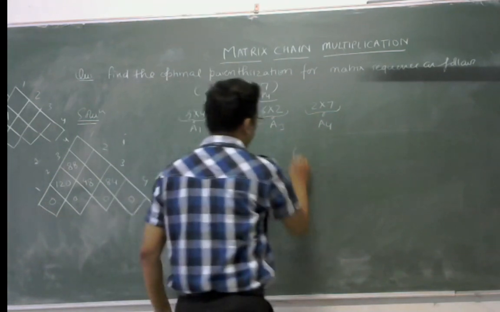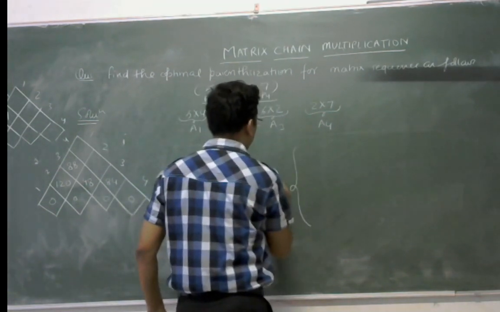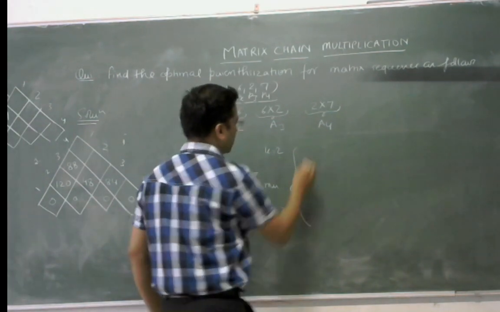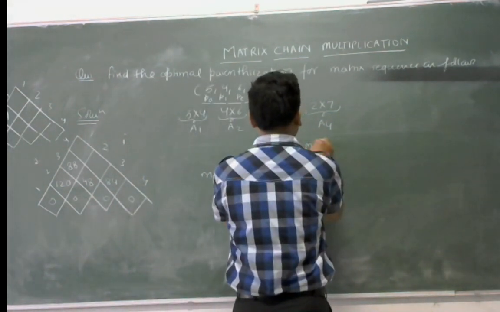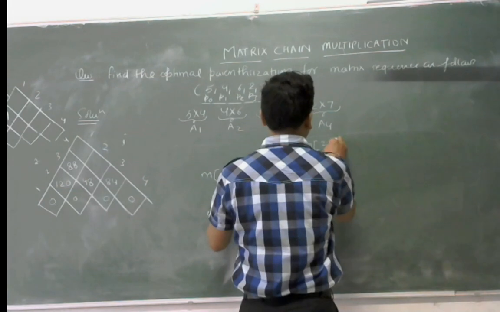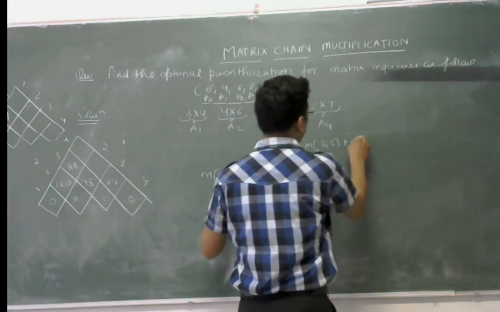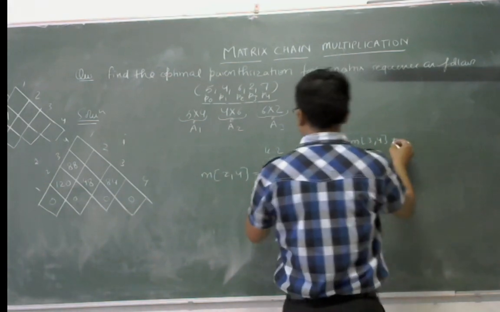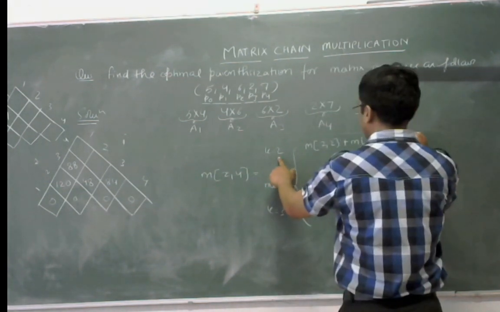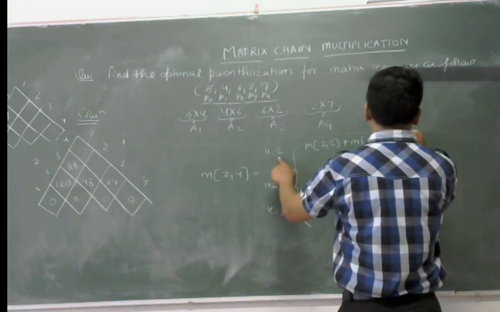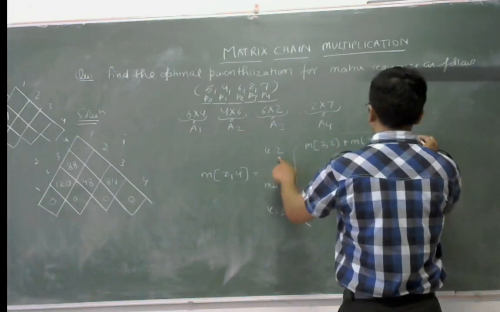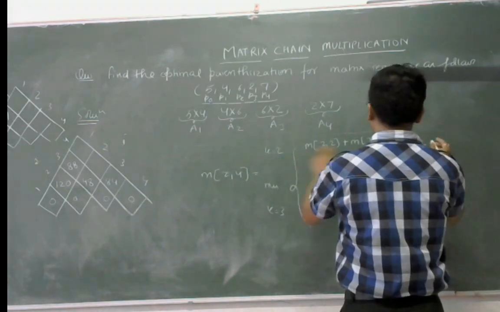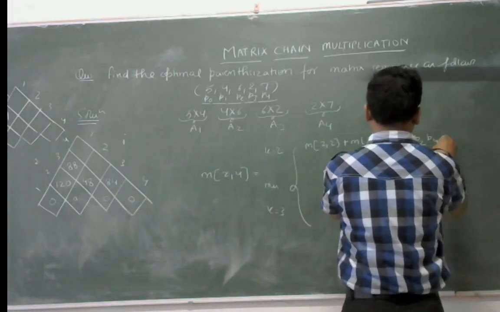So the minimum value is equals to minimum of k is equals to 2 and k is equals to 3. For k equals to 2: m(2,2) plus m(3,4) plus p(i minus 1), it means p1 into pk, k here is equal to 2, and pj, j is equals to 4.